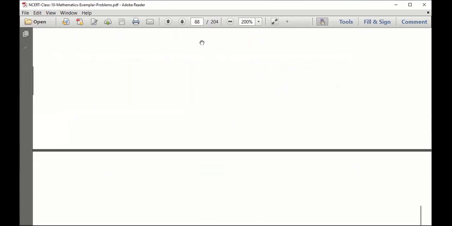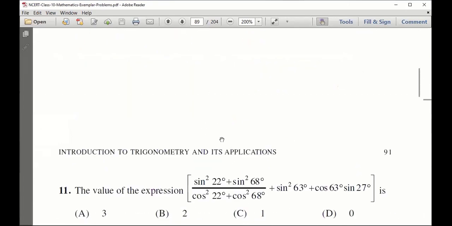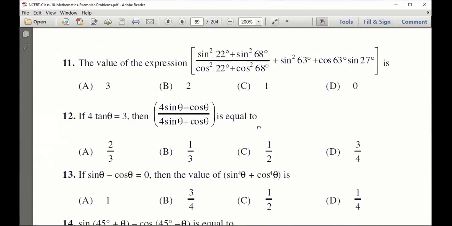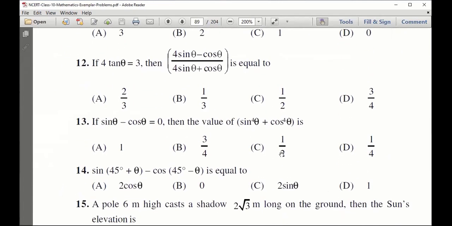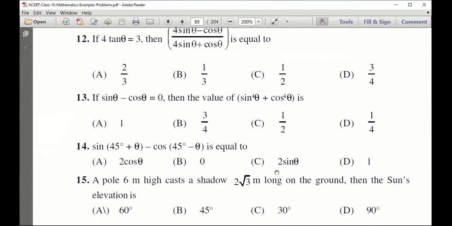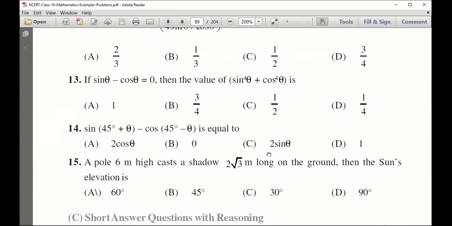That is fine. Let's move on. More. Big, big, big. How do question number 13?